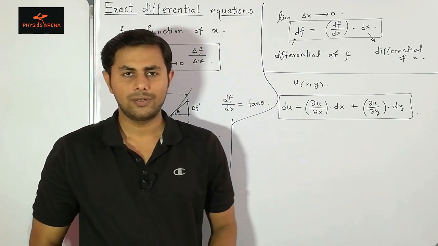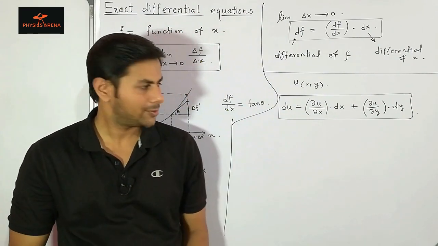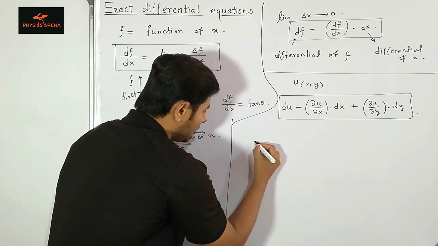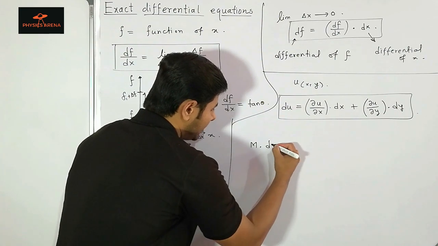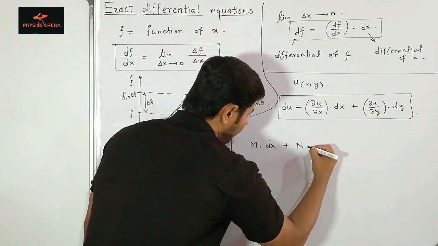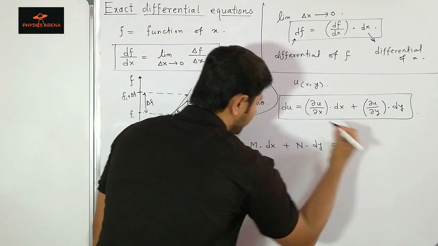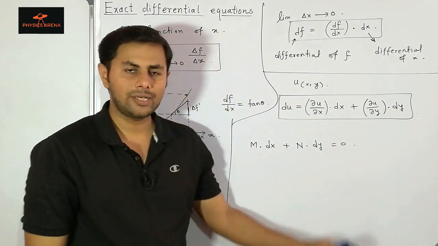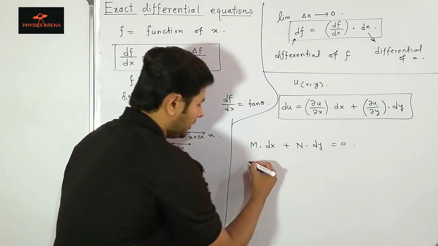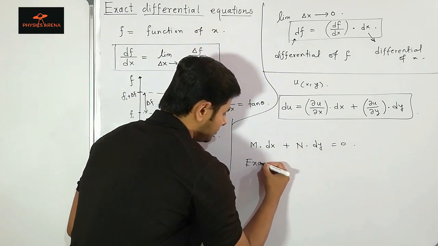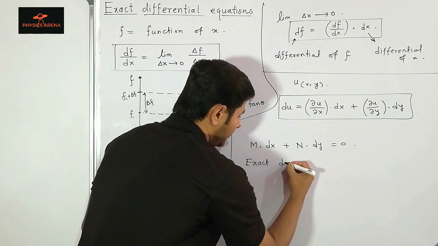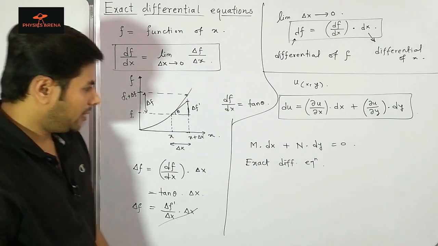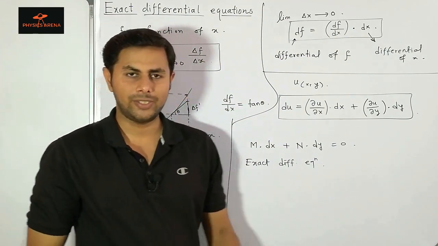Now suppose we are given a differential equation in this form: M multiplied by dx plus N multiplied by dy equals 0. This differential equation is said to be an exact differential equation if we can find a function u.